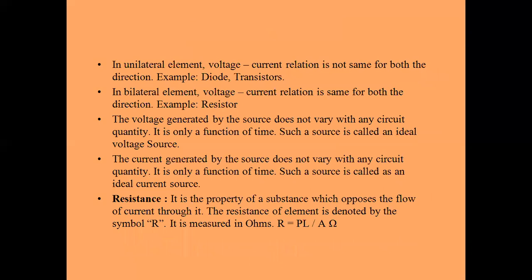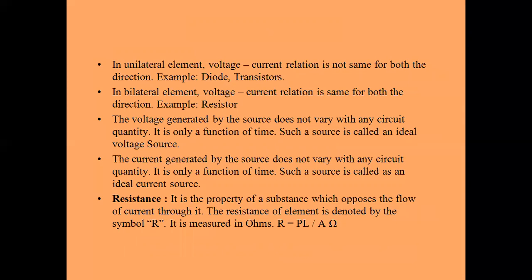The next is the unilateral element. In a unilateral element, the voltage-current relationship is not the same for both directions. Unilateral means a single direction. Examples are diodes and transistors.